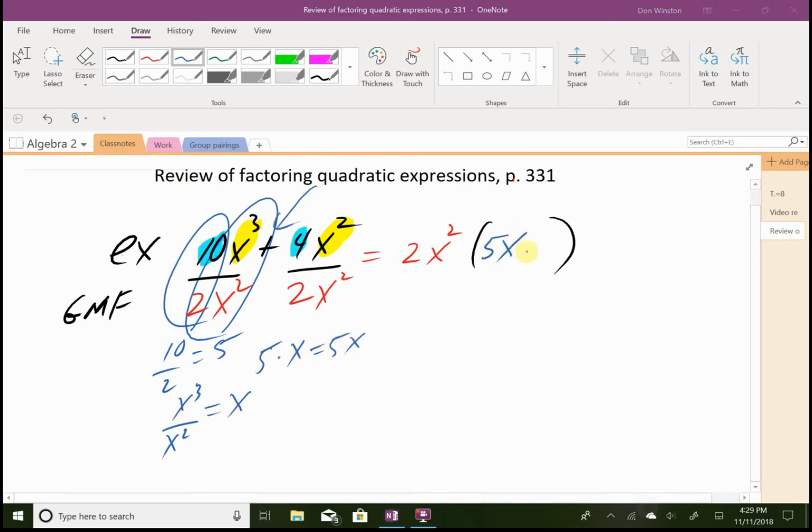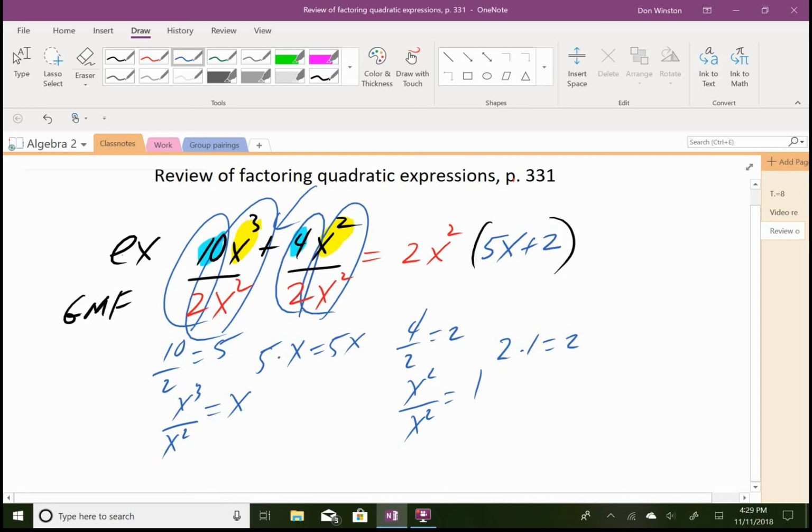Okay, I have plus. And then 4 divided by 2 is equal to 2. And then x squared divided by x squared equals 1. 2 times 1 is equal to 2. So 10x cubed plus 4x squared is factored into a monomial term, 2x squared, and a binomial term, 5x plus 2. And as always, check your work by distributing.